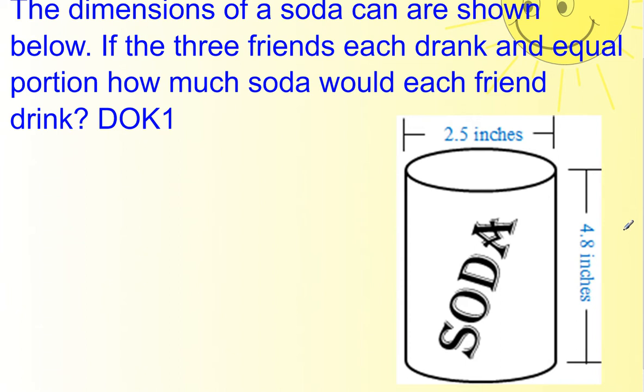All right, so let's see here. Well, we've got a cylinder here. And so the volume formula for a cylinder is V equals, let me think, pi r squared h, right?